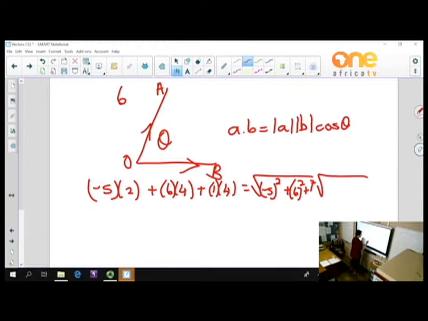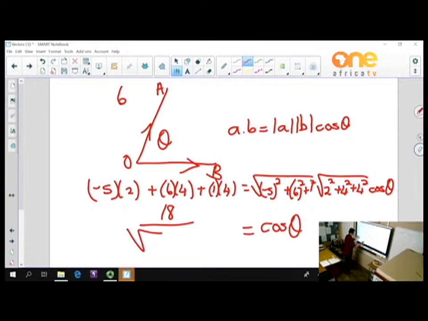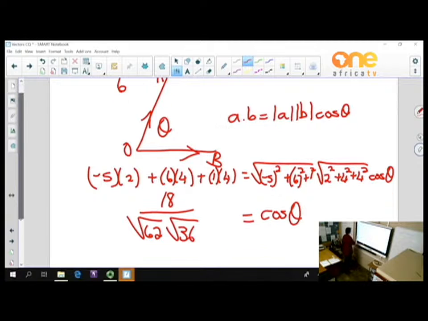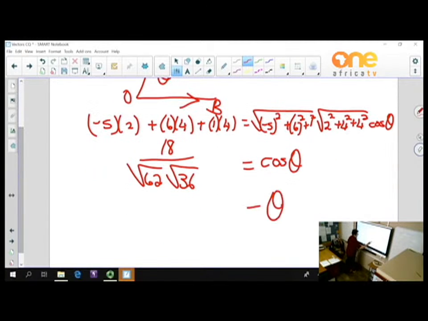And then the second one, so now we're talking about OB. 2 squared plus 4 squared plus 4 squared, times cosine theta. So then cosine theta is equal to, right, so now we get the three values there. This is 18, this is the square root of 62, the square root of 36, and second function cosine, the size of your angle, my angle is 67.6 degrees.